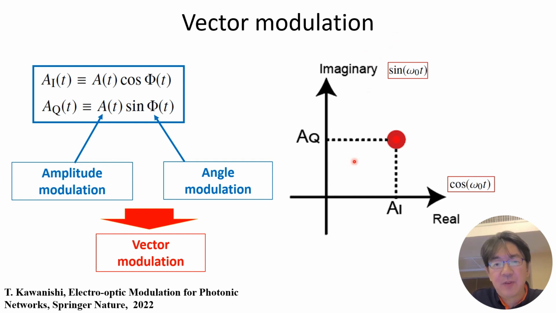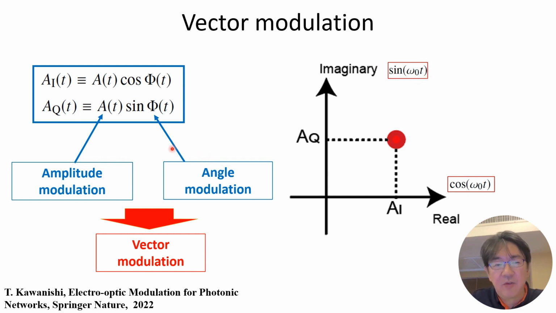As you may know, the signal can be described on the complex number plane, a two-dimensional plane. Real part and imaginary part. The real part corresponds to the cosine part. The imaginary part corresponds to the sine part.